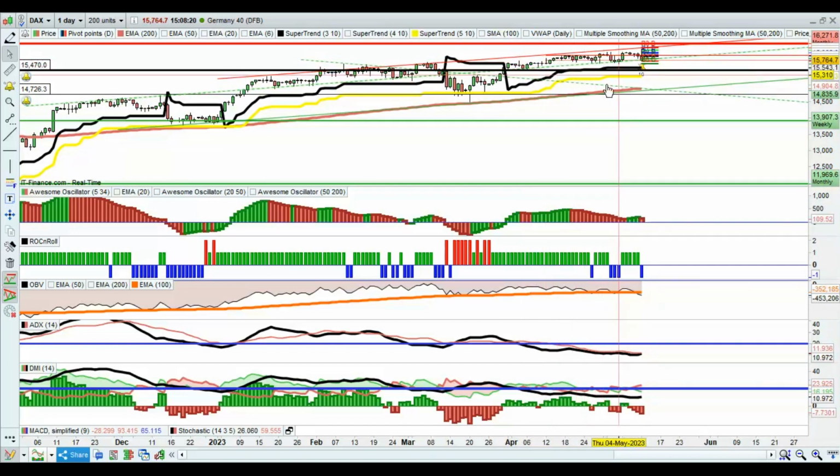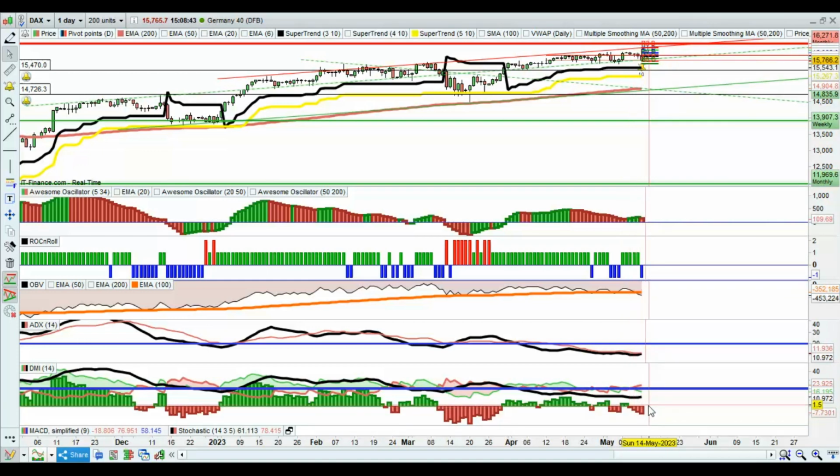Alright, so it's been above the 0 line on the oscillator still, rock and roll green now starting to turn neutral, but the on-balance volume indicator has now crossed below the 100 EMA, and importantly, the directional movement index has started to go red.